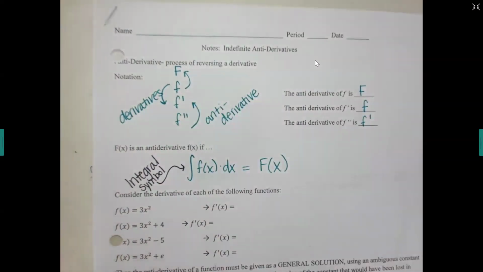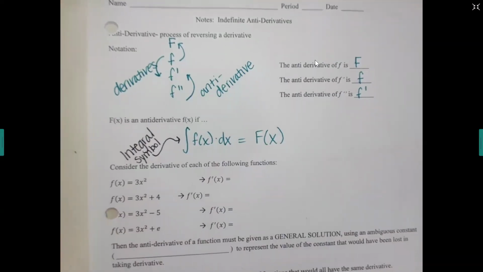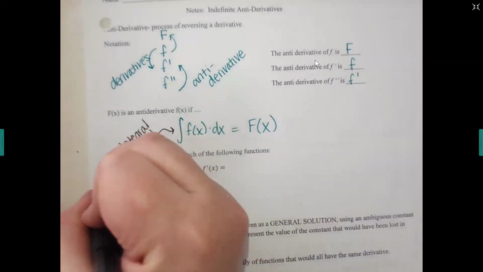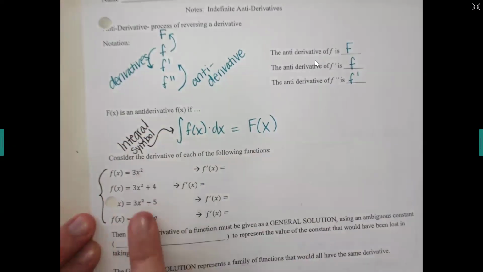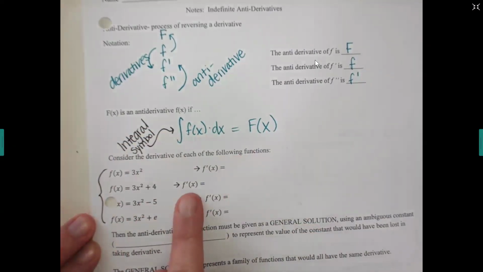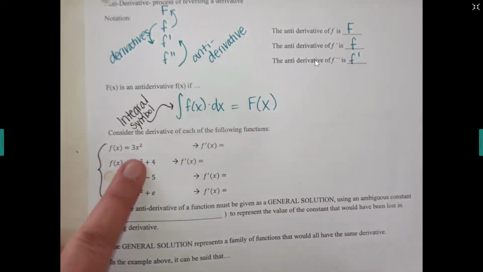Now before we get started with taking antiderivatives, we need to talk about one thing that's going to happen in that process. So if you'll take a look at these 4 equations, I want you to take the derivative of all 4, put them right here. Sorry, this guy isn't lined up. Okay, so 3x squared.